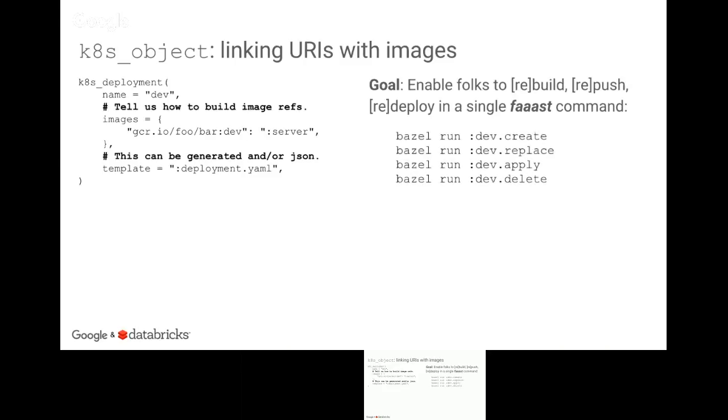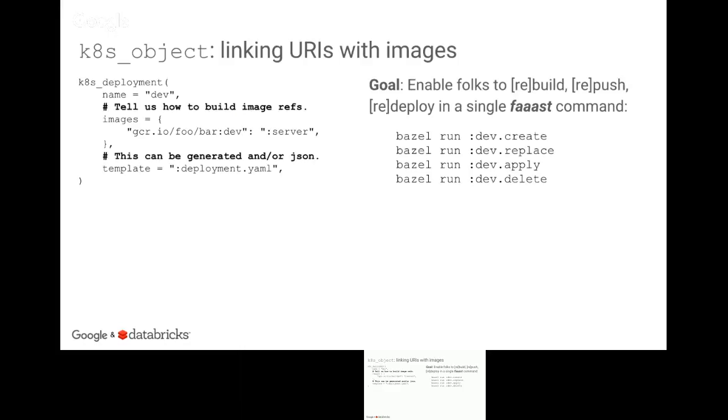So these actions look like dev.create, which will build all of the images. And again, this is run, not build. It will publish them, and it will kubectl create the resource template after inlining the digest into the template.